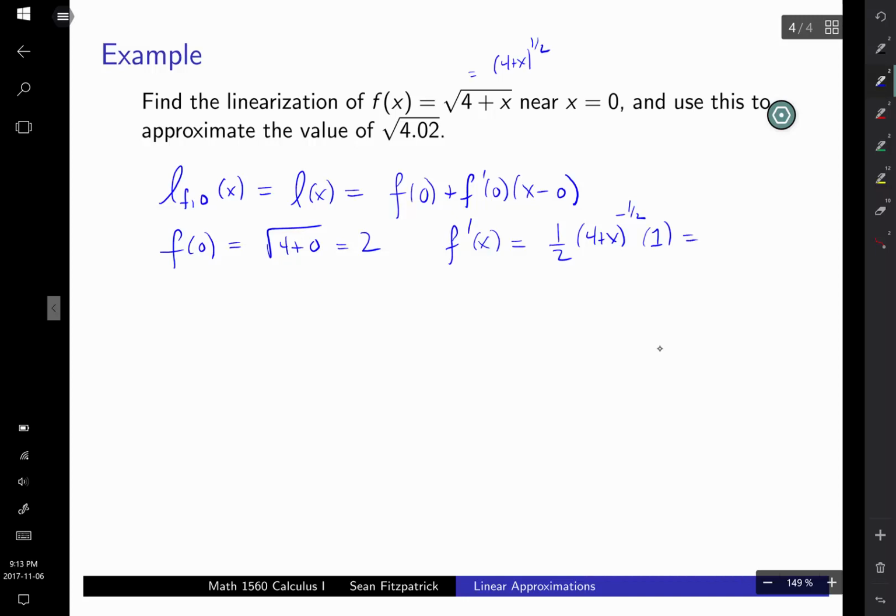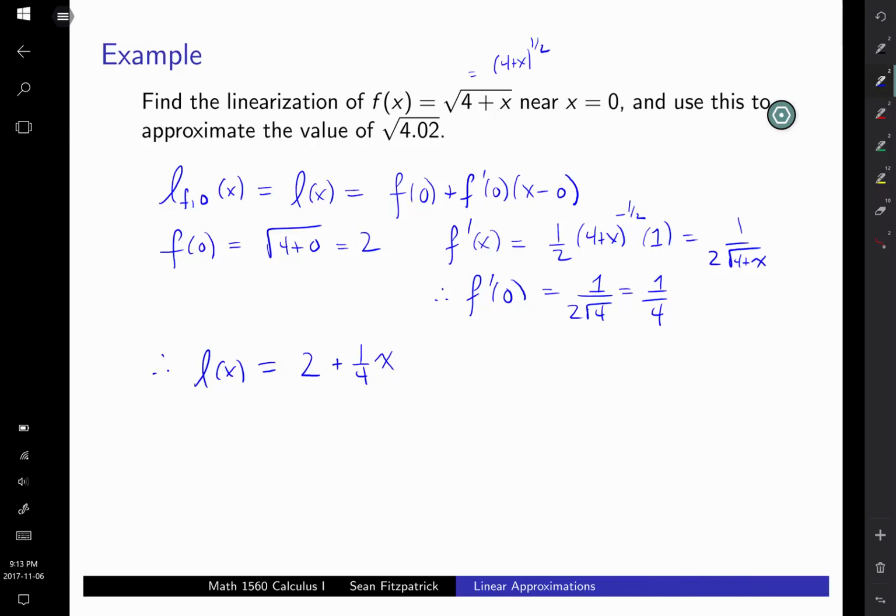Okay, so we get 1 over 2 times the square root of 4 plus x, and that means that f prime at 0 is going to be 1 over 2 times the square root of 4, which is 1 over 2 times 2, so 1 over 4. That means that the linearization of my function is f of 0, which is 2, plus f prime of 0, 1/4, times x, right? Minus 0, but we don't need to write the minus 0.